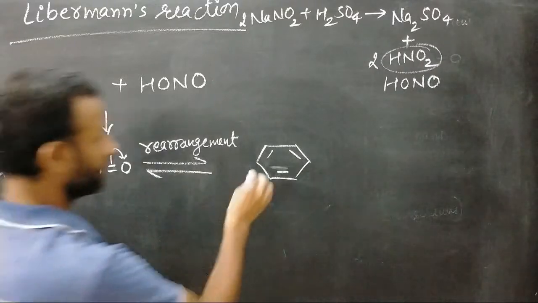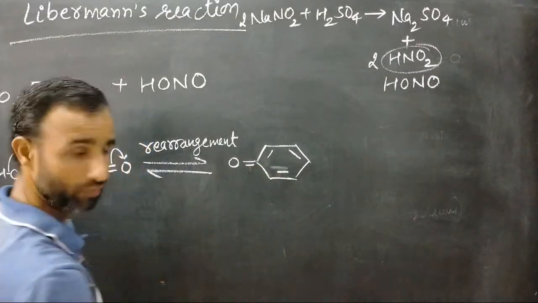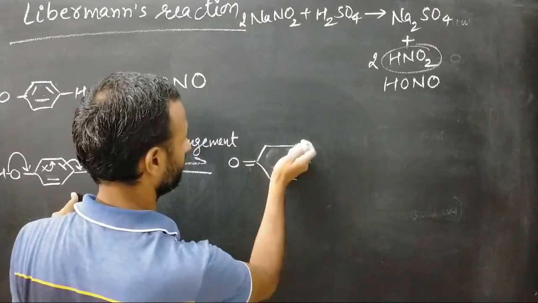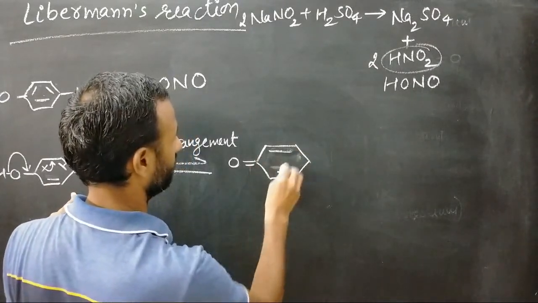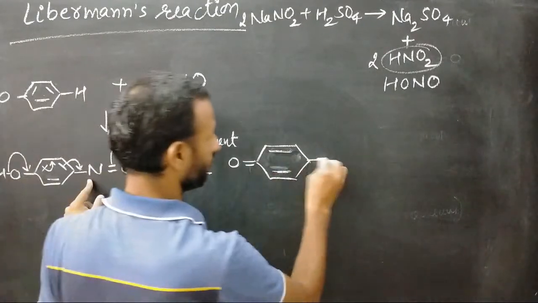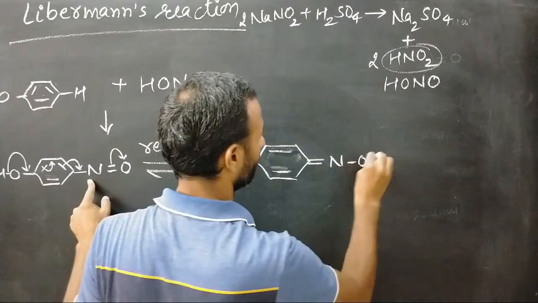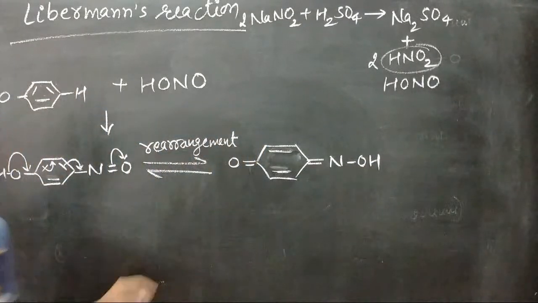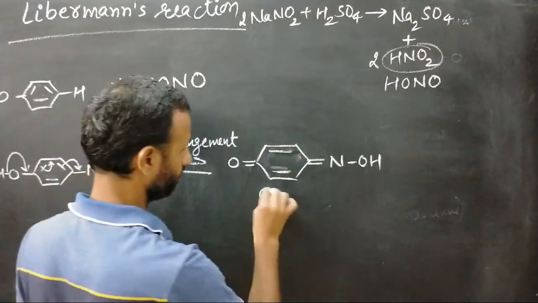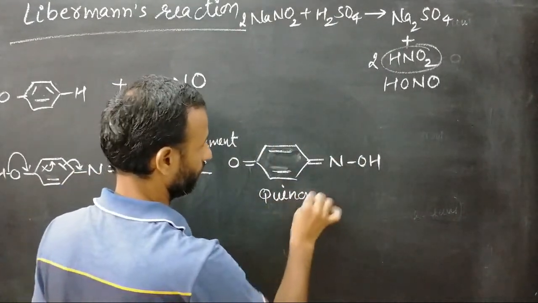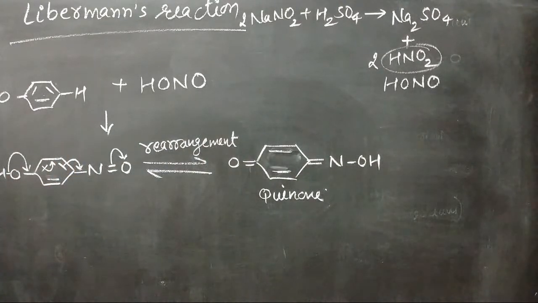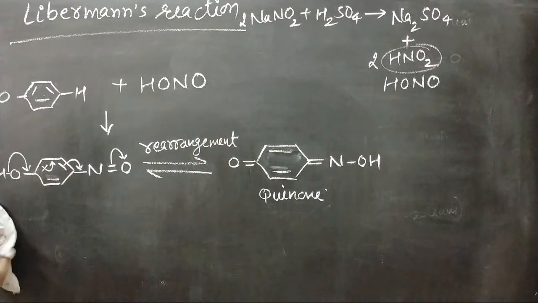Okay, means double bond O, double bond N-OH. Okay, this is again the quinonoid form. Quinone is formed on rearrangement.